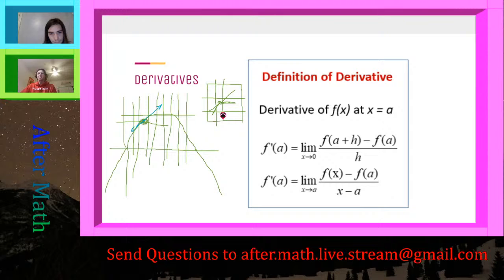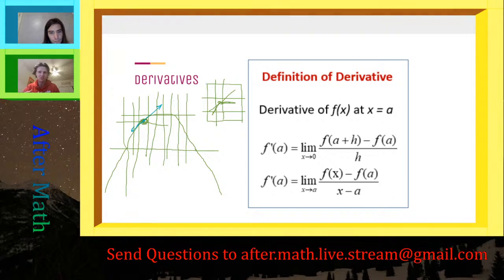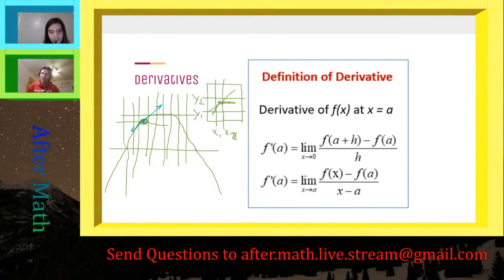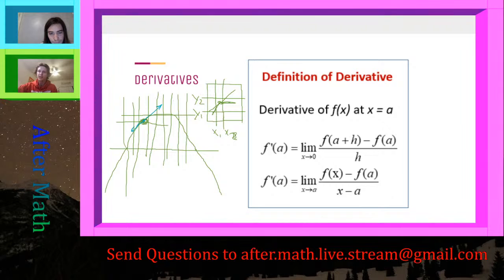If we zoom in more and more, we get this section smaller and smaller. This could be our x1 and then our x2 at these two lines, and then same with our y, y2, y1. As we get smaller and smaller to this certain point that we are trying to take the derivative of, we get this smaller and smaller subtraction problem, and that gives us the slope.